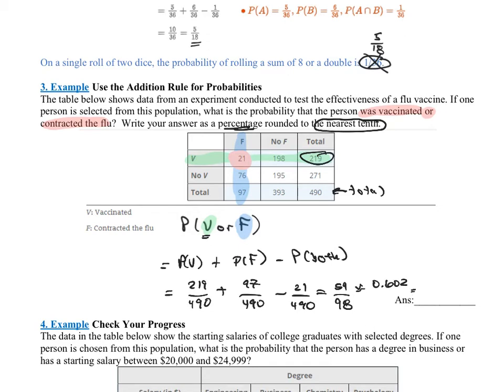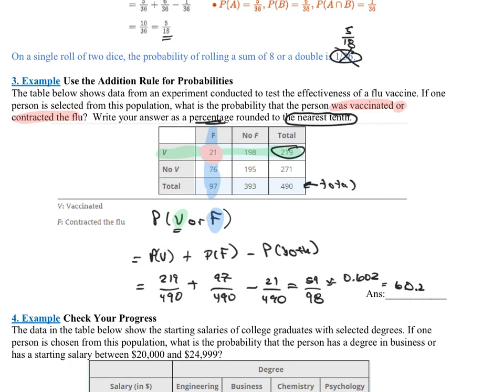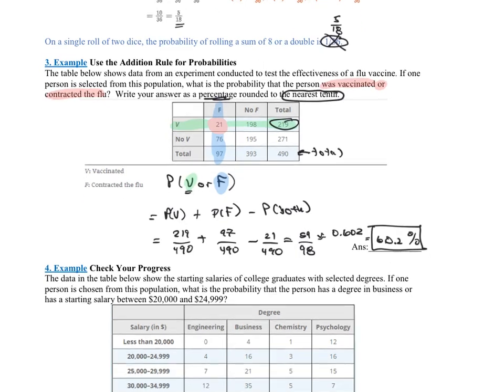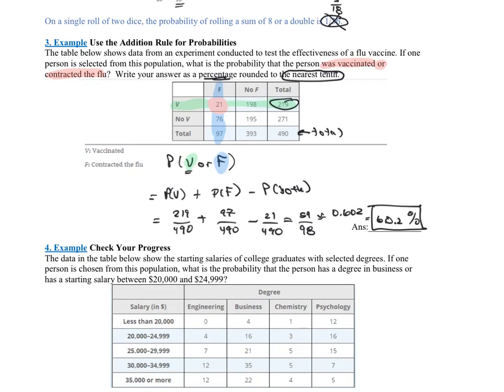As a percentage, that is 60.2%. 60.2% would be the final answer to the problem. That is our answer written as a percentage. And again, on the majority of the real-world problems where we actually have the data, a percentage would be the best way of writing the answer.